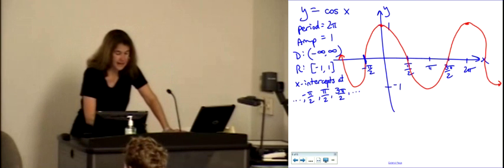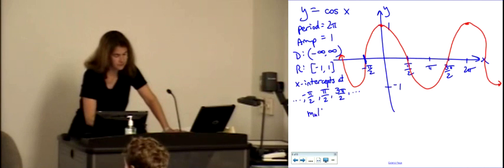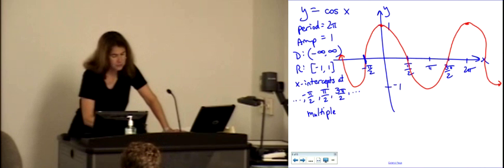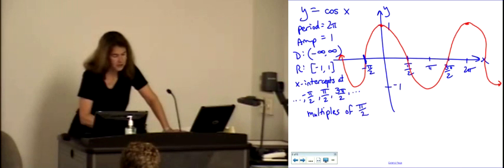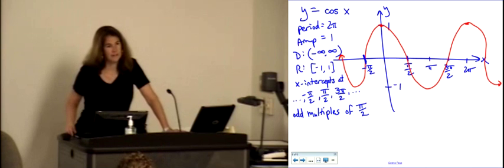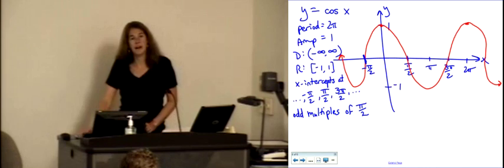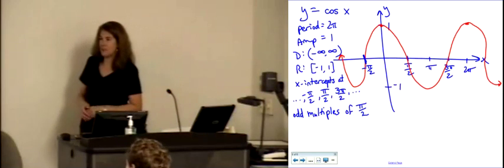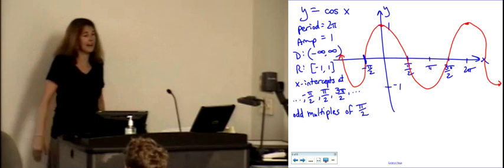We might label these at, what kind of multiples can we call this? What would the next one be after 3 pi halves? 5 pi halves. So I'm going to call these odd multiples of pi halves. How's that? Odd multiples of pi halves. 1/2 pi, 3/2 pi, 5/2 pi, negative 1/2 pi. Does that make sense? They're odd multiples of pi halves.